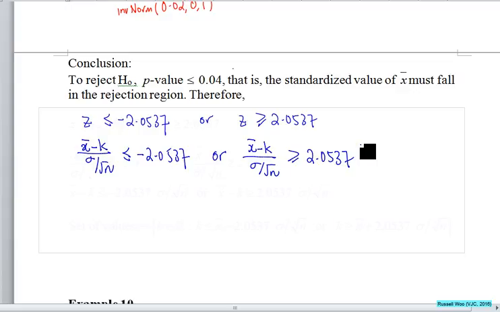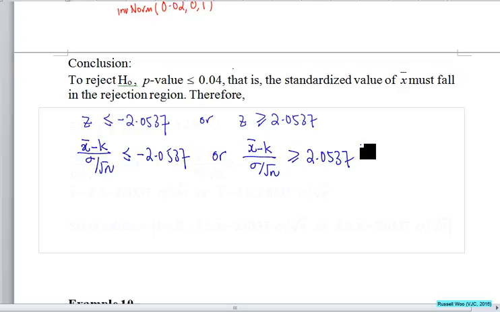Now remember what we want? We want the set of values K can take. Set of values of K in terms of what? In terms of X bar, sigma, and n. So actually all you need from this point onwards is to make K the subject. I don't think I need to say more.